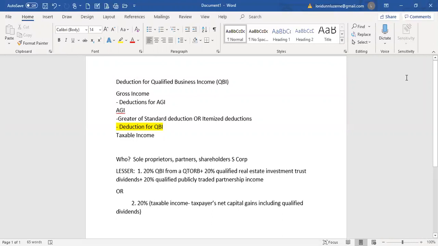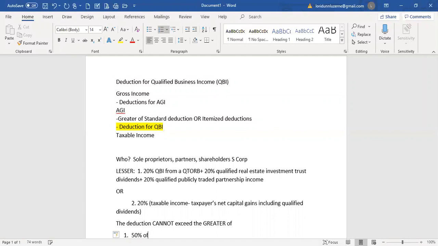Now, there's a further limitation, and these are on page 631. Once you determine the qualified business income deduction, the deduction cannot exceed the greater of two calculations.